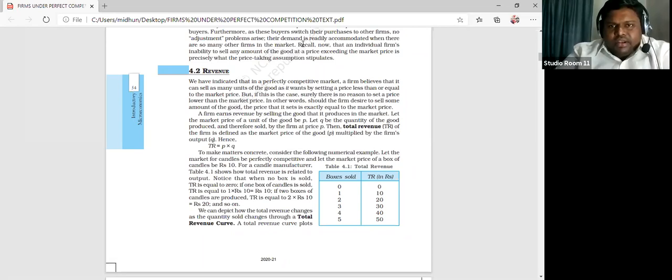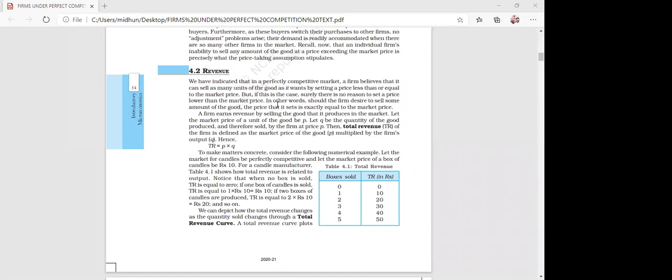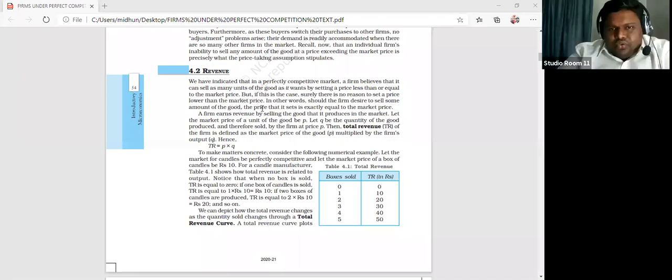In a perfectly competitive market, no firm will fix a price lower than the market price because they are price takers and they have to make a profit. In other words, should the firm decide to sell some amount of the good, the price that is set is exactly equal to the market price. So in a perfectly competitive market, the firms are able to sell the product only at the price fixed in the market.